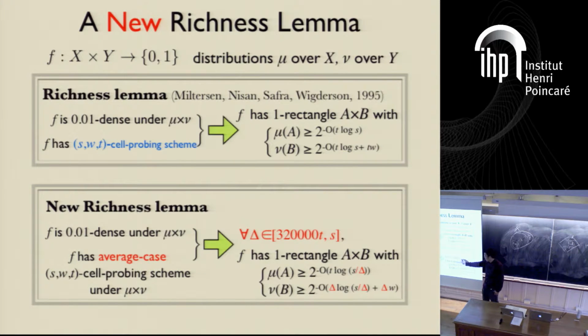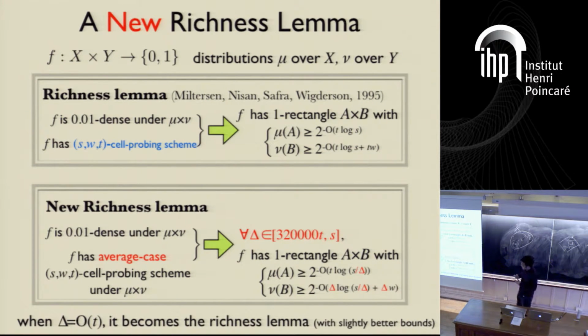So you can just pick any convenient one, or the one which gives you the highest lower bound, to refute that such a large rectangle exists. And this family of rectangles has a smooth trade-off between the columns and rows, scaled by this parameter delta. Okay, and that's a real advantage. And also, it makes this richness lemma separate the cell-probe model from the communication model.